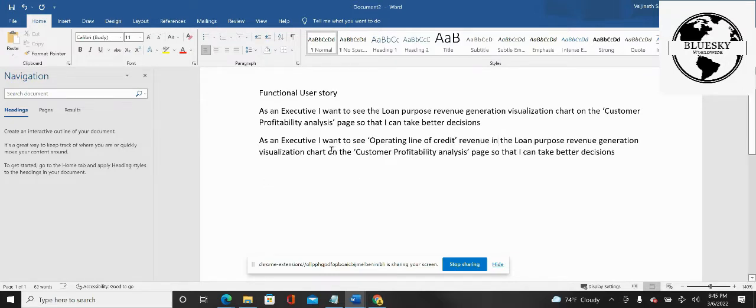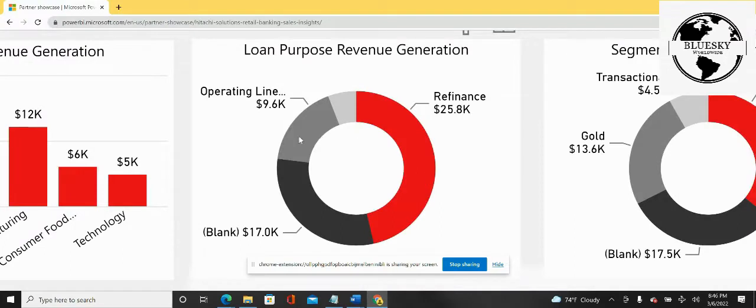So as an executive, I want to see the operating line of credit revenue in the loan purpose revenue generation visualization chart on the customer profitability analysis page so that I can take better decisions. So this talks about this one.